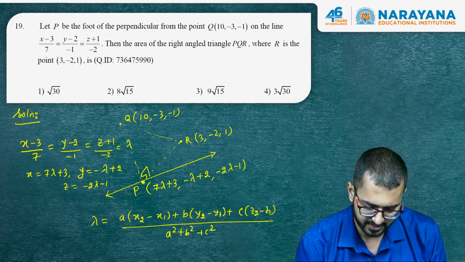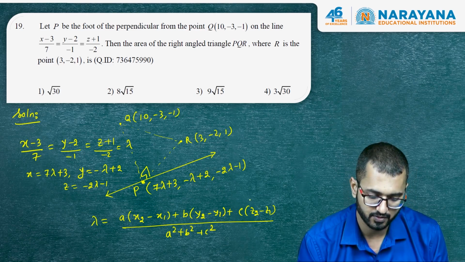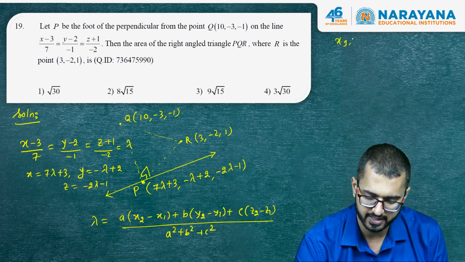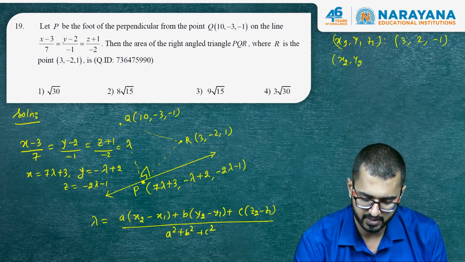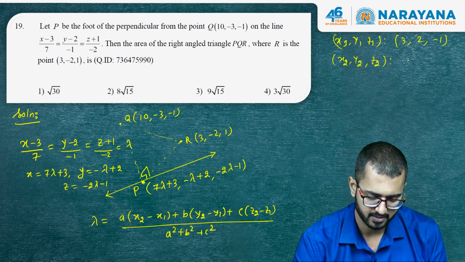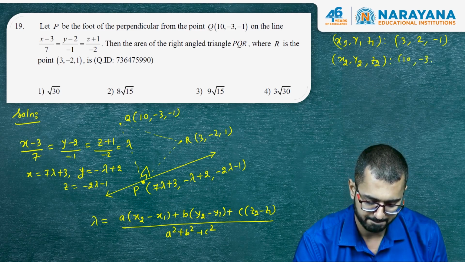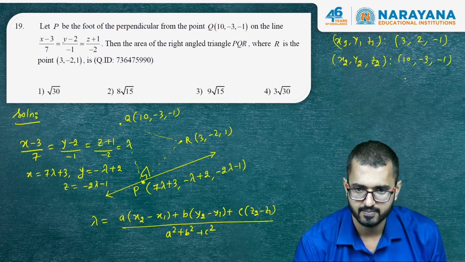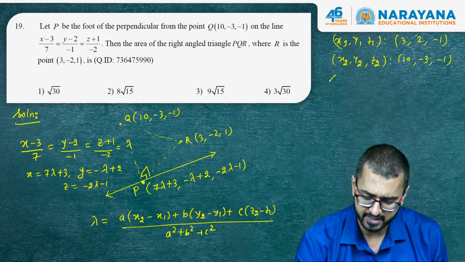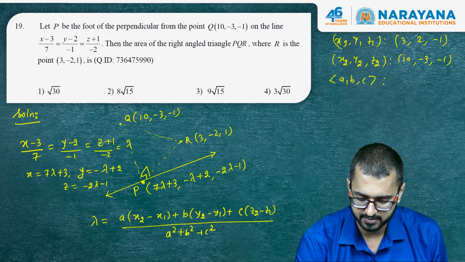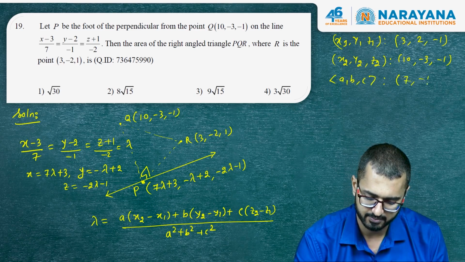Here x1, y1, z1 is the point through which the line is passing, so it is 3, 2 and minus 1. And x2, y2, z2 is the point whose foot of perpendicular we are finding, which is 10, minus 3 and minus 1. And a, b, c are the DRs of the line, so the DRs of the line are 7, minus 1 and minus 2.